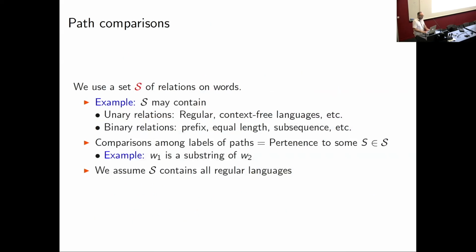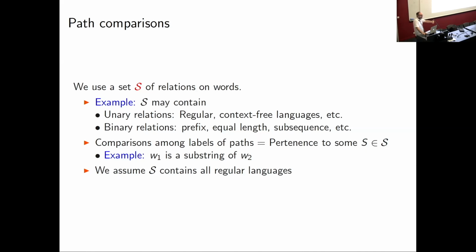So what we developed was an idea to compare paths in graph databases. Instead of using regular languages on words, we use regular relations on words. For example, our set of relations on words may contain unary relations like regular languages, context-free languages, etc. But also binary relations.